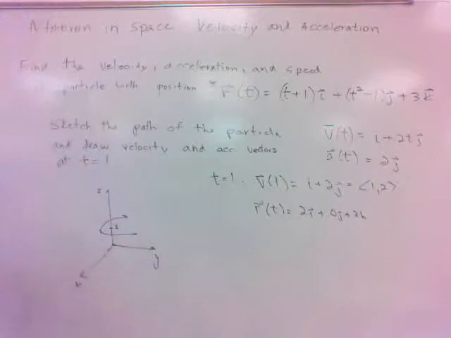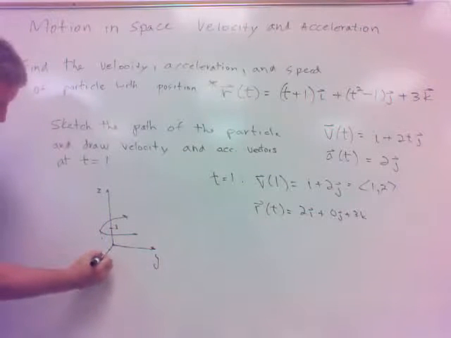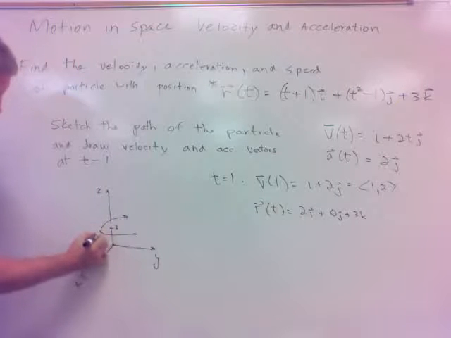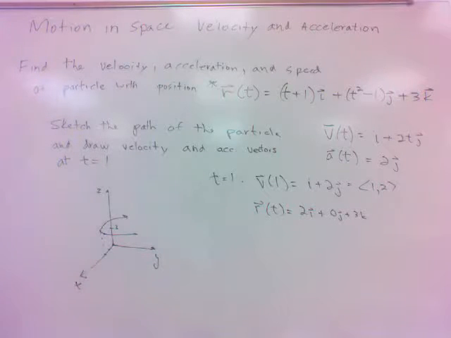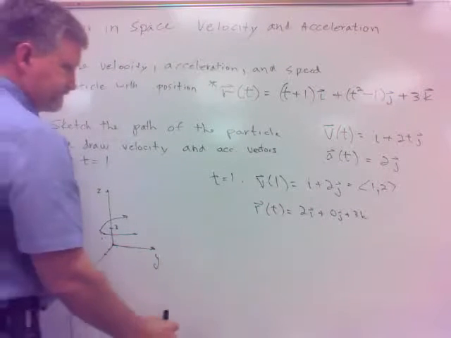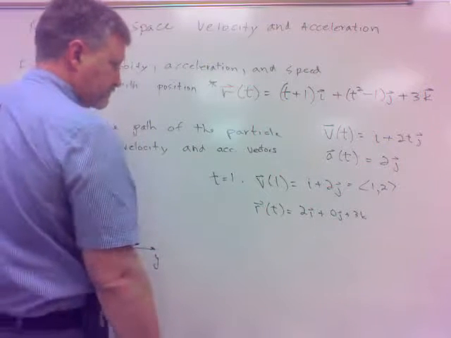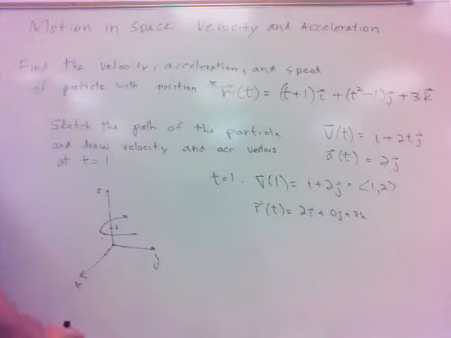So it's (2, 0, 3), just on the other side of the vertex here. (2, 0, 3), so put it right there. That's our position, the terminal point of this position vector.